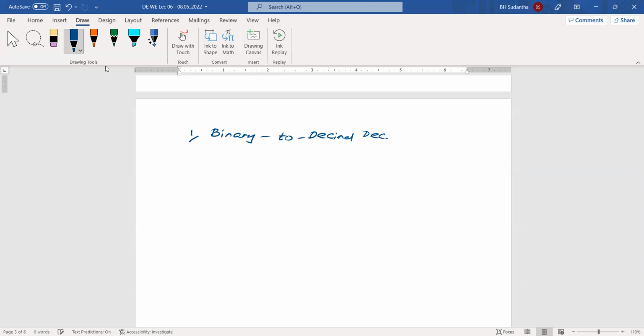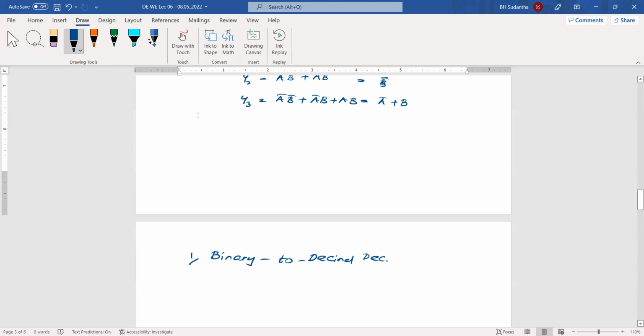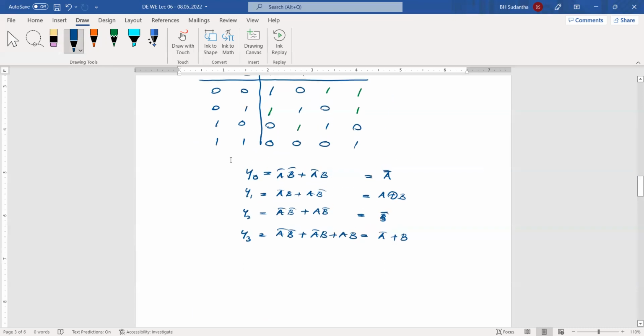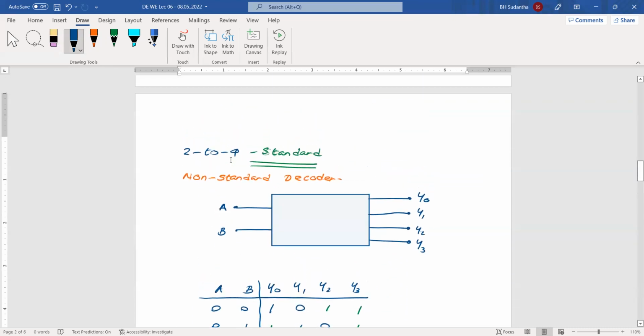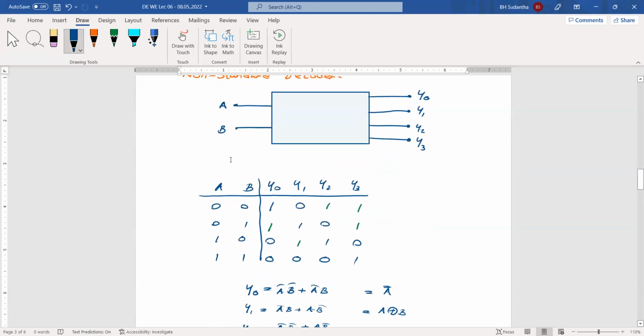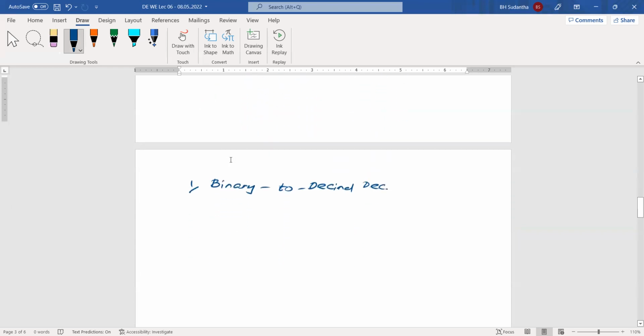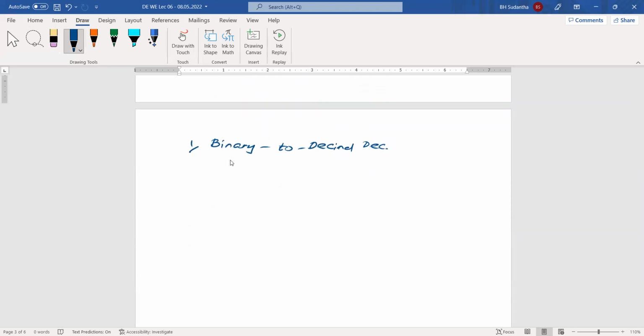In the previous case, it is a 2 to 4 decoder. You have 2 inputs and 4 output lines, so we take the number of inputs and number of outputs to name the decoder. Otherwise, if it is a non-standard decoder, then we take the function. What type of function are we expecting from this one? Binary to decimal decoder. Sometimes we can see binary to gray code decoder. Then this is a binary to gray decoder.